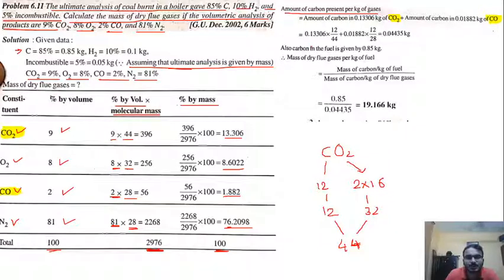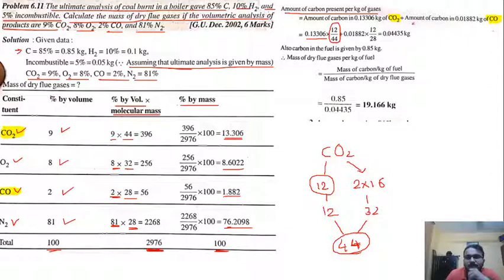The percentage of carbon dioxide in absolute terms is 0.133, and the ratio is taken as 12/44. Why? Because in the entire CO2, 12 is the mass of carbon out of the total 44.